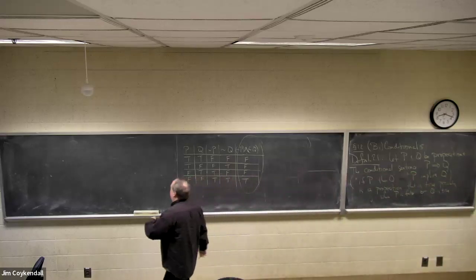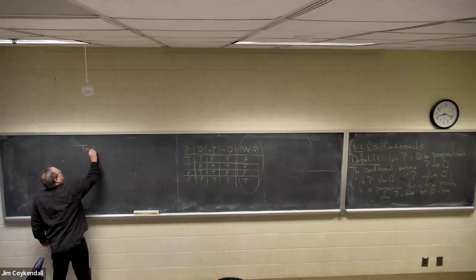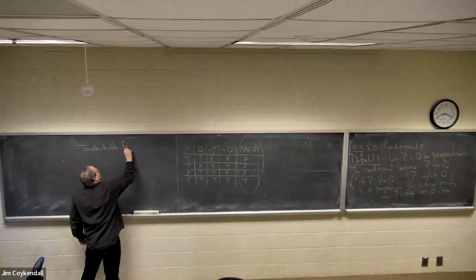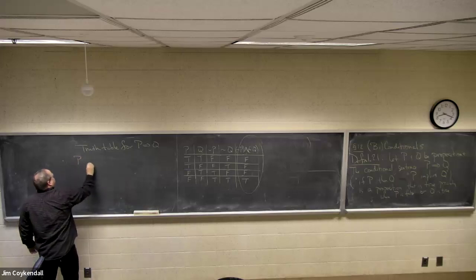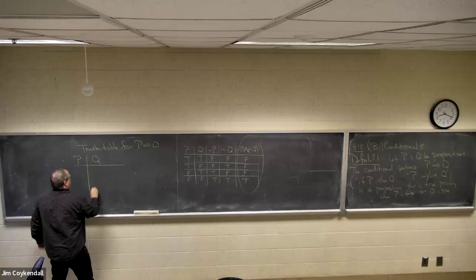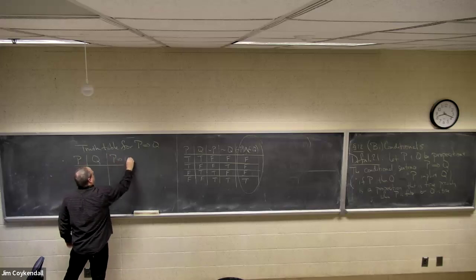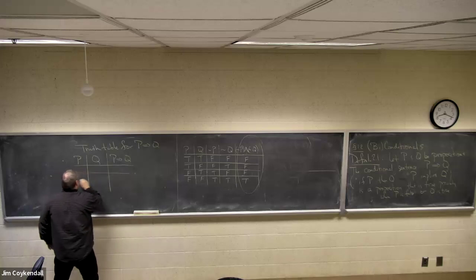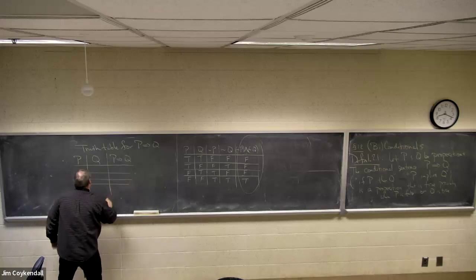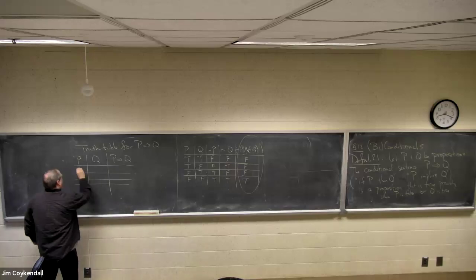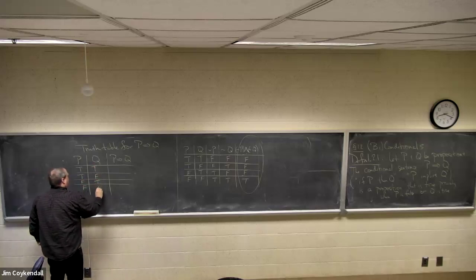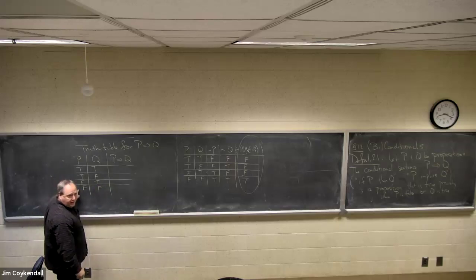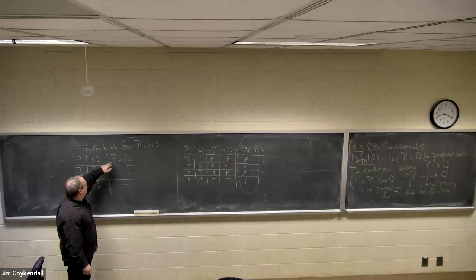So the truth table looks like this. If the condition that the statement is based on, P implies Q, is false, then you don't even get to consider this arrow.